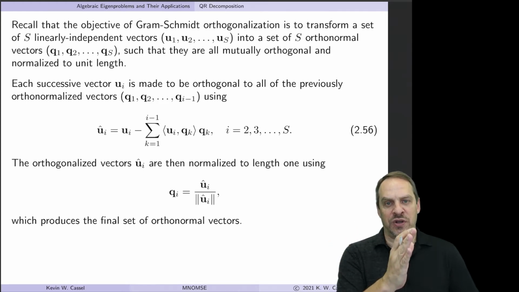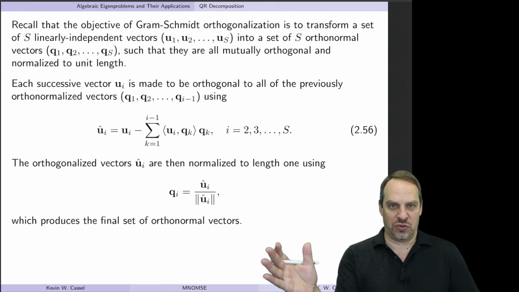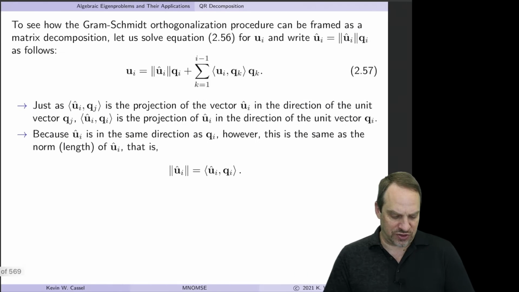It takes each new vector and orthogonalizes it with respect to each of the previous vectors that have been orthonormalized already. Then we normalize, so we take the ui hat, we divide by its norm, its length, to get the orthonormal vectors qi. And then that's the output of the Gram-Schmidt orthogonalization.